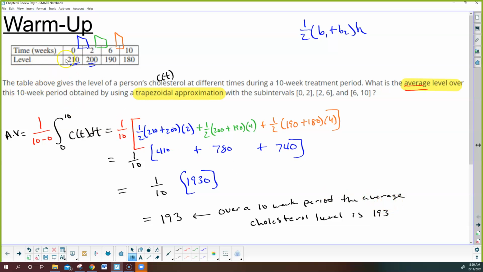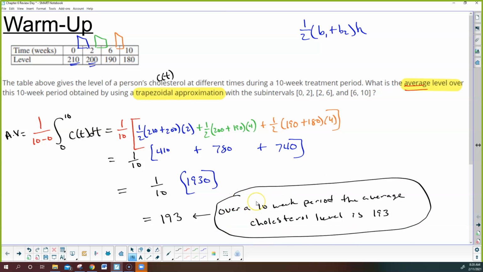And they don't have units. I don't know, it's just a number that we use to gauge cholesterol.